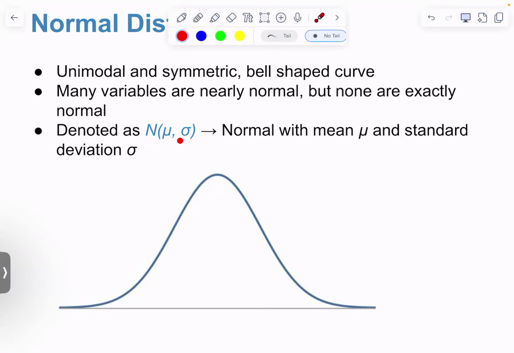This is really just a shorthand of shape, center, spread, like we talked about weeks ago at this point. So here, this is the shape, center, and spread.